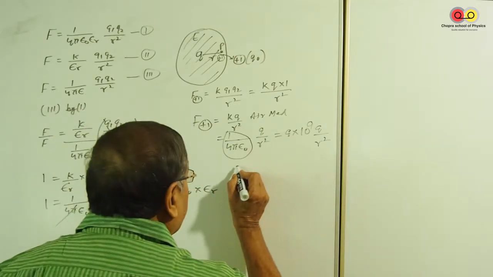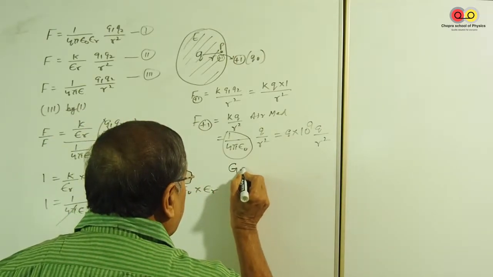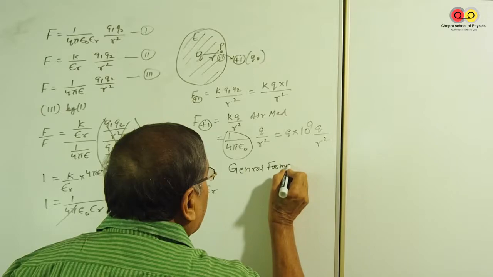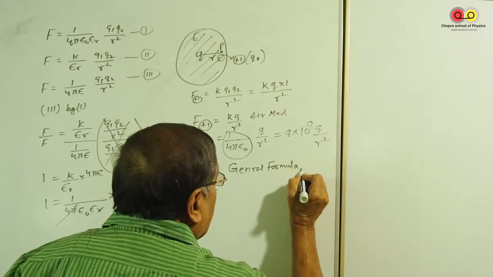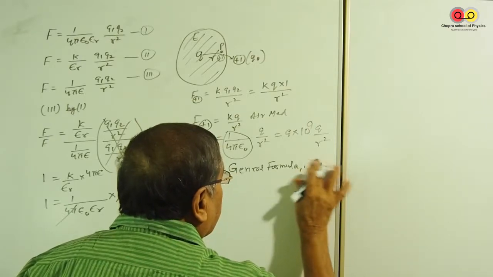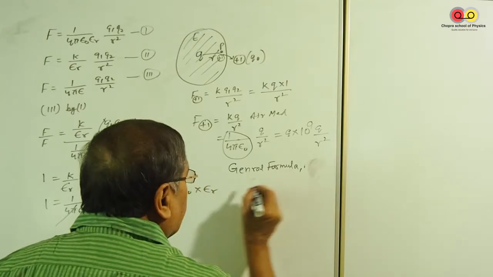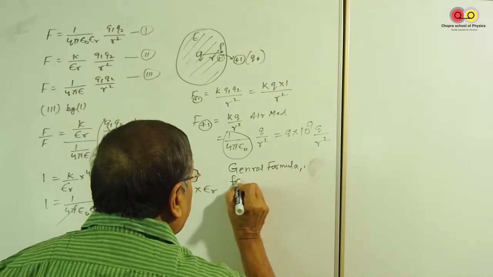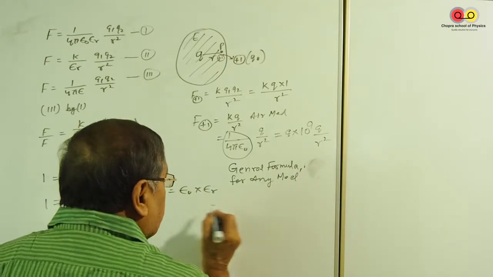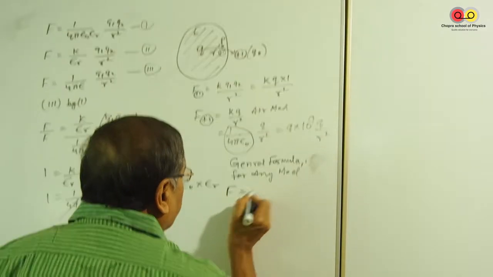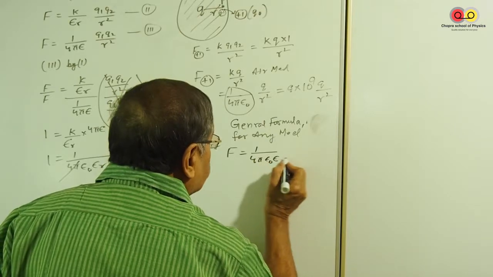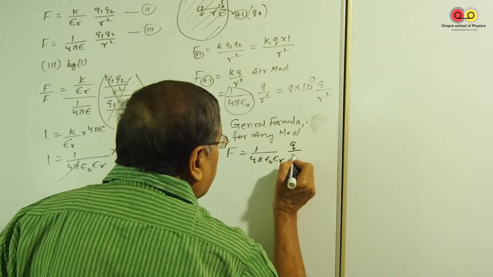The general formula applied to any medium will be F is equal to 1 over 4 pi epsilon naught epsilon r, Q divided by R square.